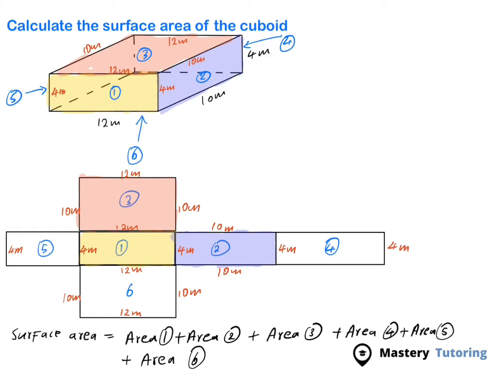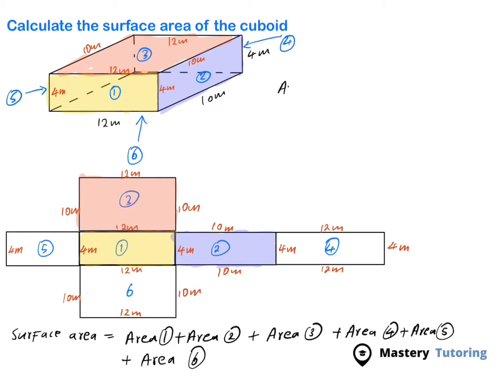So therefore they're identical. So this is going to be 12 and 12 on top. Now that we have all these shapes, we can actually calculate the areas.